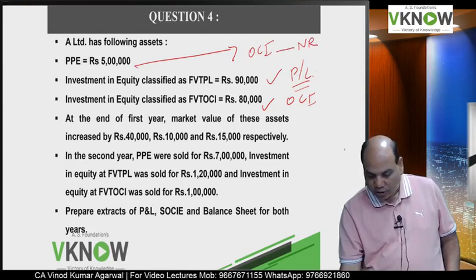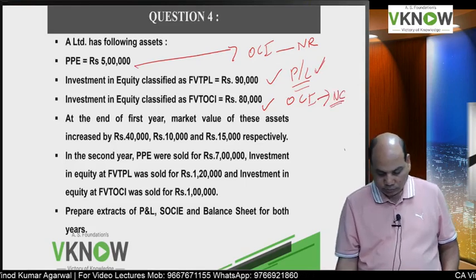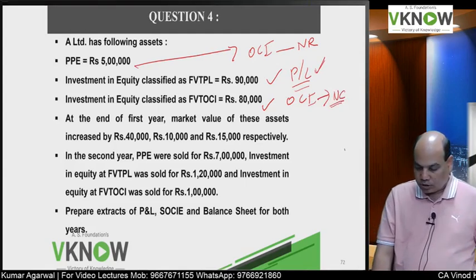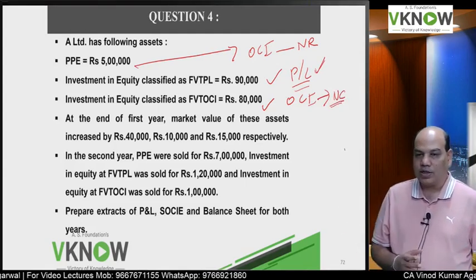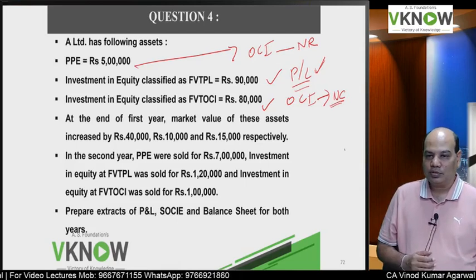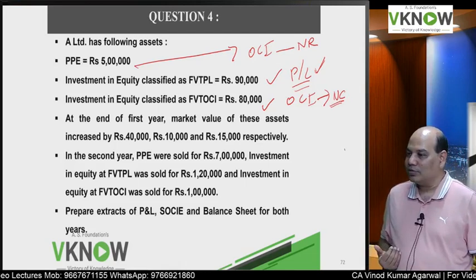This is already in P&L account, so no problem. And this is non-recyclable. Understood? What is going in P&L account, the question of recycling does not arise. There is nothing like from P&L account to OCI.